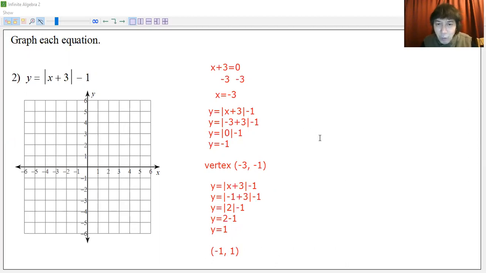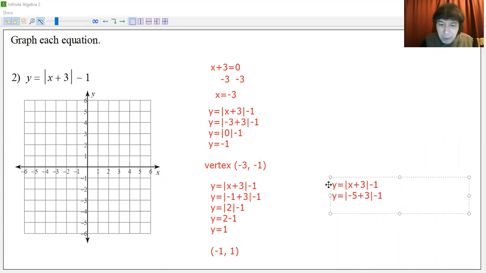Now we shall use the value of x I said a while ago, -5. That's to the left of -3. So we will use the equation again. y is equal to the absolute value of x plus 3, minus 1. We choose -5: y is equal to the absolute value of -5 plus 3, minus 1.